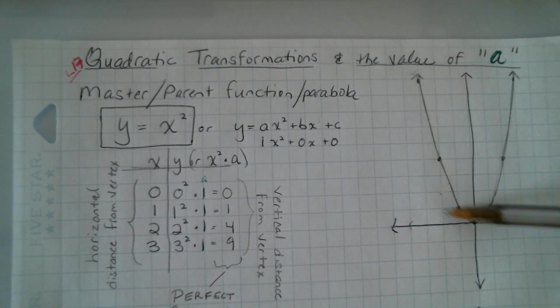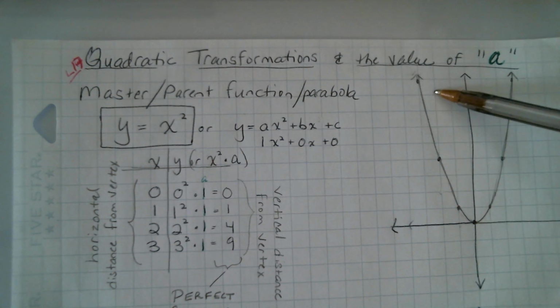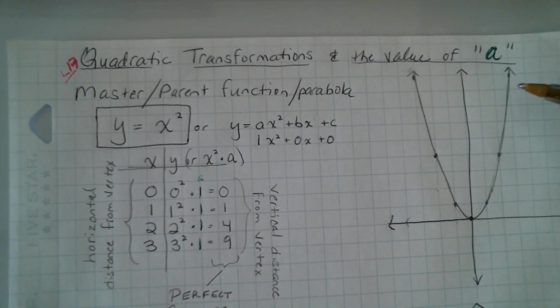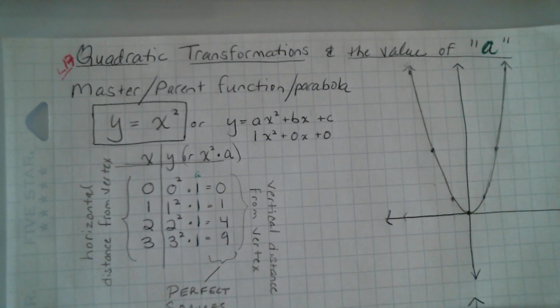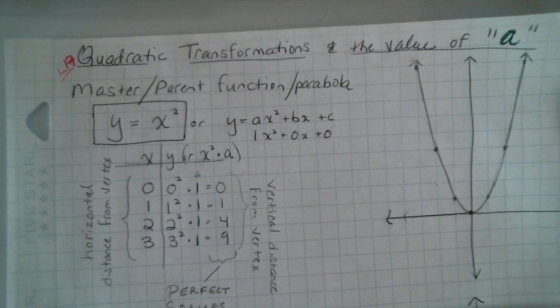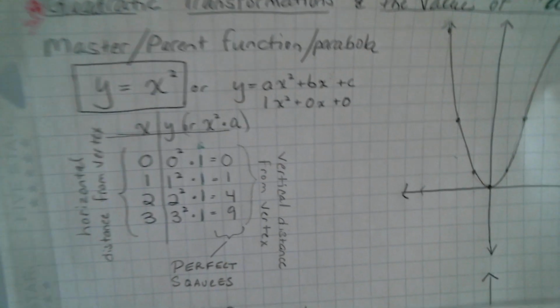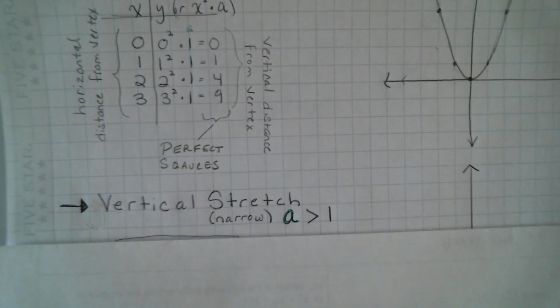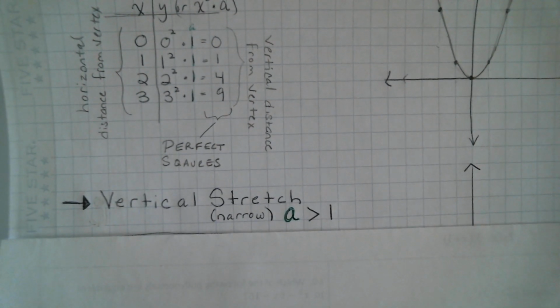And so this shape is neither narrow nor wide. This is our master or parent function from which everything gets transformed, okay? So if we do have an a value that's not 1, so for example, let's say we have an a value of 2, and that's greater than 1, so we knew that was going to be narrow. Again, we call that a stretch.